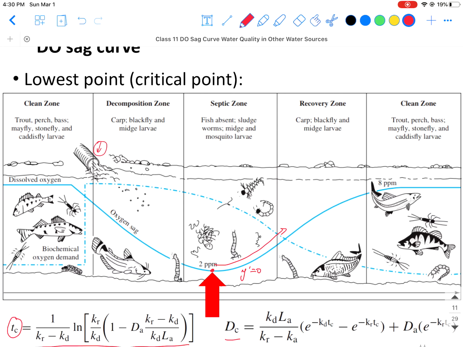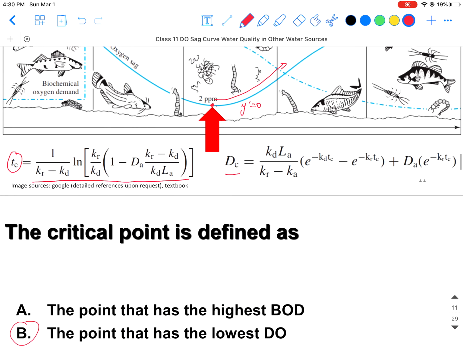We want to make sure that the dissolved oxygen is not depleted at this point, because once it's depleted, even these microorganisms won't be able to survive, right? They won't oxidize these organics anymore, and the water quality won't come back. Simply because even if you have more oxygen coming into the picture, microorganisms won't have any oxygen to survive.